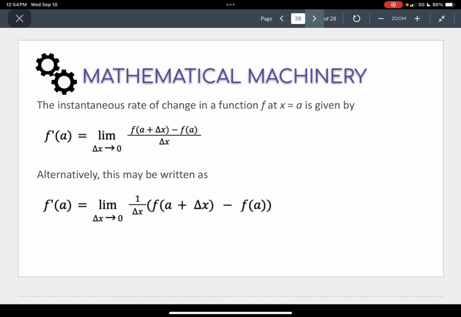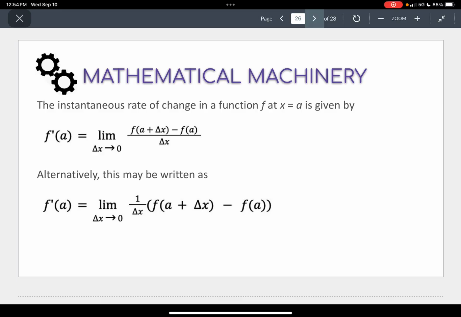So basically, we've got our average rate of change formula, if you will, and we throw a limit on the front of it to say that we want that horizontal change to get as close to 0 as we want. And that will give us, in fact, an instantaneous rate of change rather than an average rate of change. That's the rate of change at a single point in time or a single instant, depending on what our variables are.